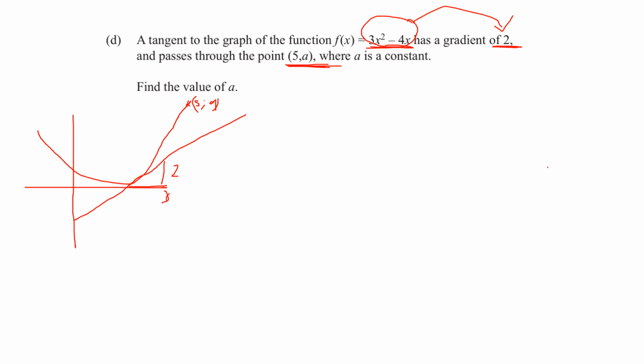So first I want to find out what the value of x is here. Then I'll find out what y is after I know what x is. I hope this makes sense.